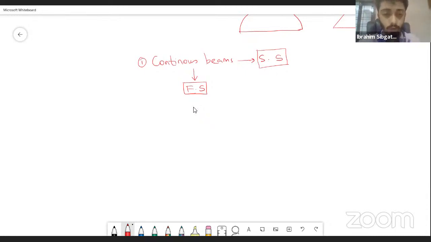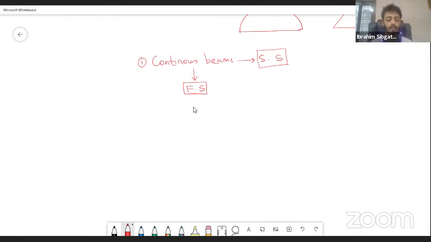The uniformly distributed load, the point load, all these things are the external forces, and to counter them, the beam will give an internal reaction. This is what we call support reactions: reactions from the supports to handle the loads which are falling on them. Once we are done calculating the support reactions, then we will calculate the shear forces.